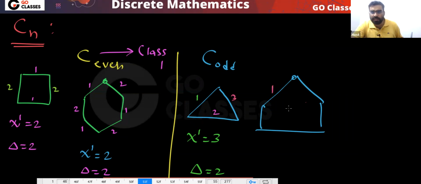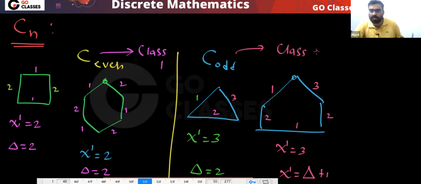Similarly color 1, color 2, color 1, color 2, now color number 3. So the chromatic index is actually 3, which is equal to delta plus 1. So this is your class 2.